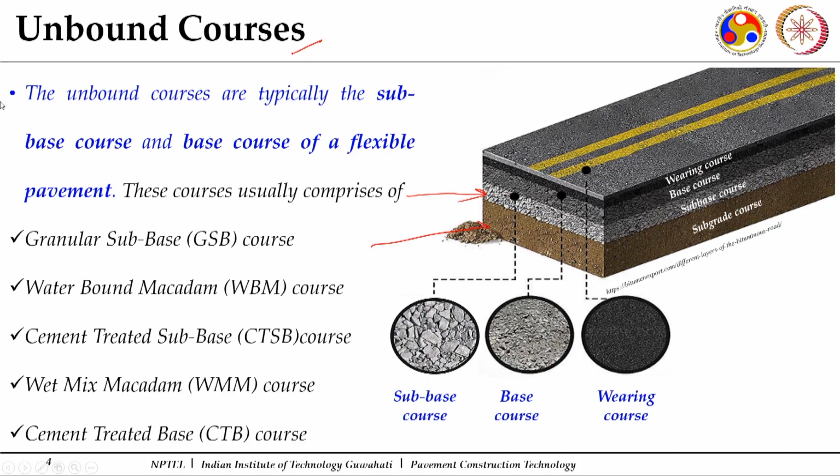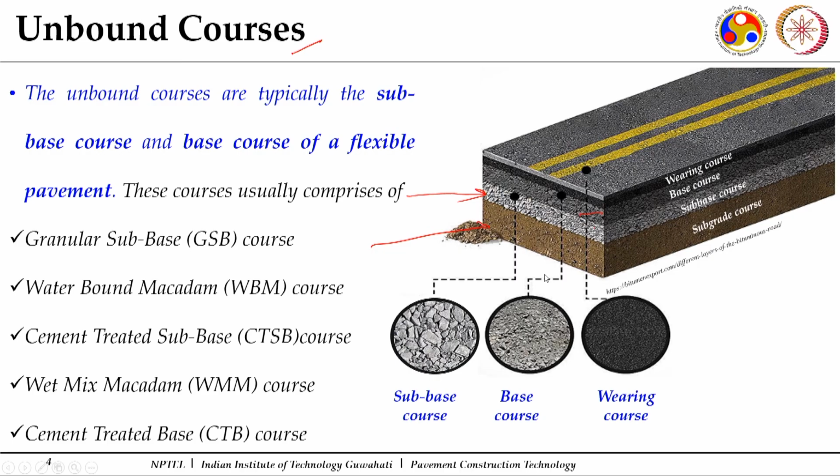So the unbound courses are typically the subbase course and the base course of a flexible pavement. The immediate one over the subgrade is the subbase, followed by the base course.